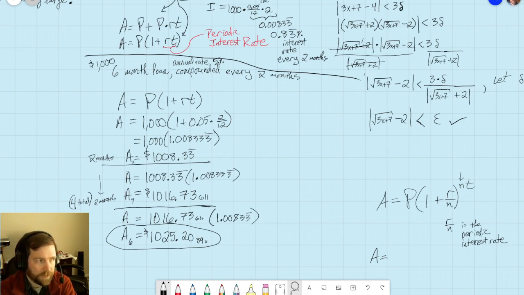Now, the formula for this, you already saw it up there. We're taking this 1 plus RT bit, and we're multiplying that over and over again.